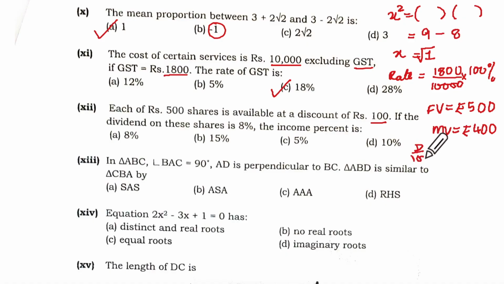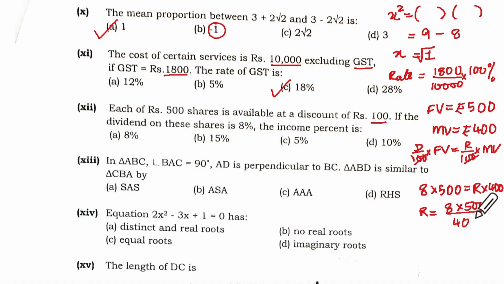So D upon 100 into FV is equal to R upon 100 into MV. I have told you to cancel these 100 first, and then you will have 8 into FV, which is 500, equal to R into 400. So R is equal to 8 into 500 upon 400. 10%? Yes, ma'am.